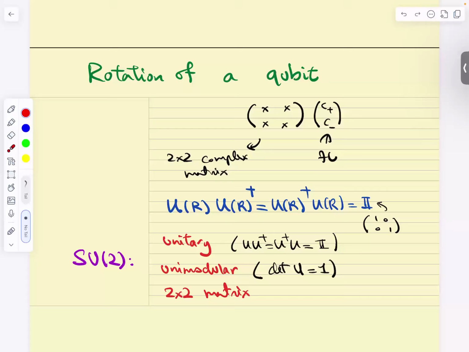Let me just try to draw it. You go around by 2 pi, you do not come back where you started. You have to go around by 4 pi, and then this is this.